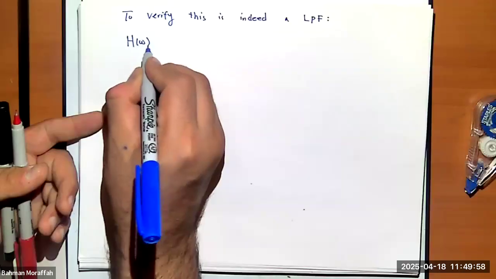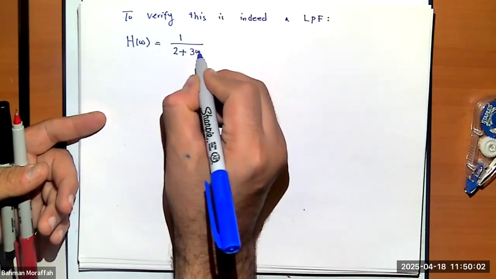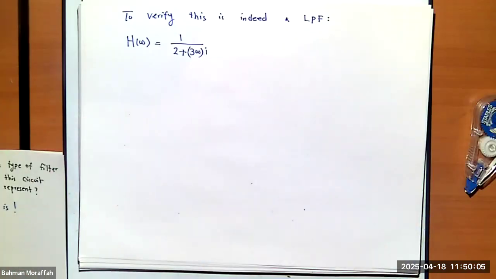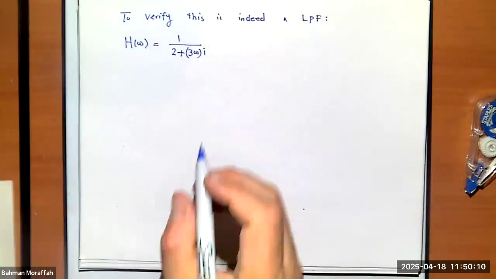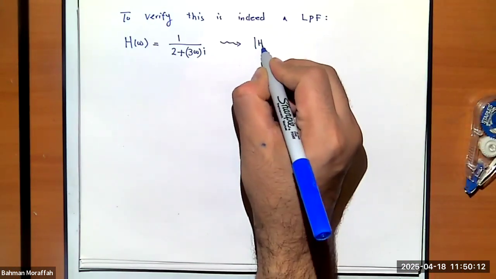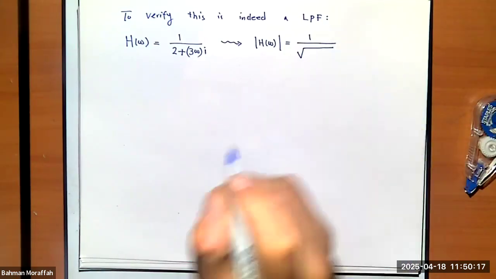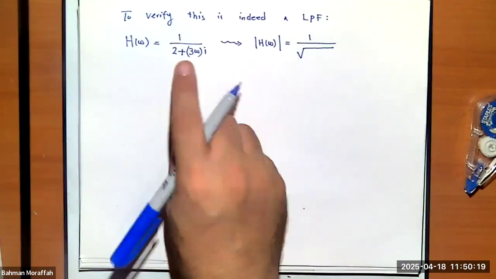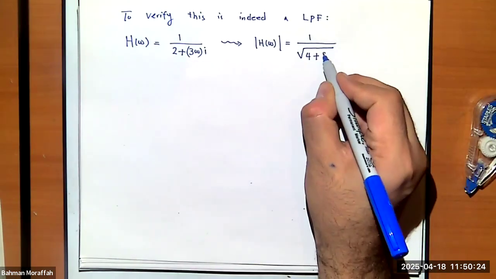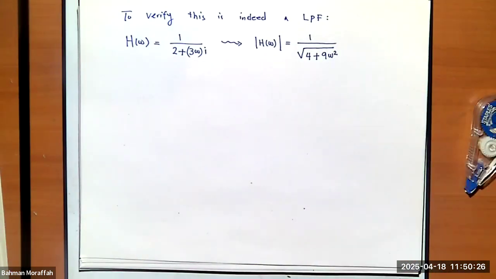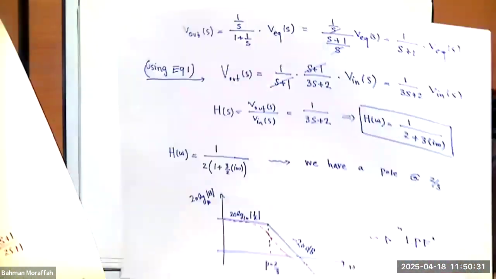remember H of omega was 1 over 2 plus 3 omega times i. So what is the magnitude of H of omega? The magnitude is 1 over the square root of the real part squared, so it's 4, plus the imaginary part squared, so it's 9 omega squared, which indeed looks like this red graph that I have over here.